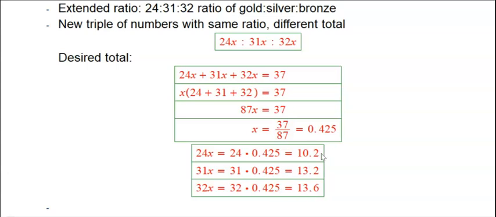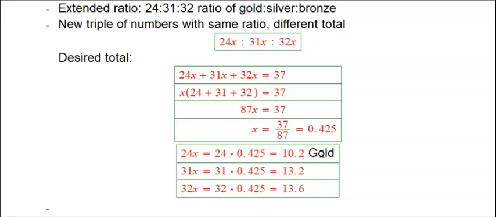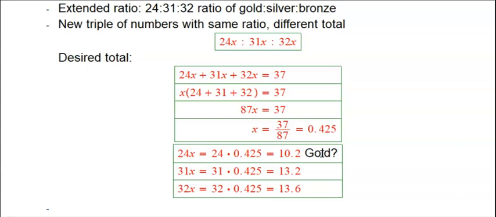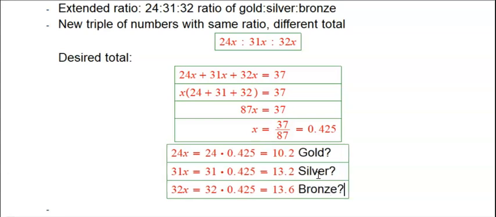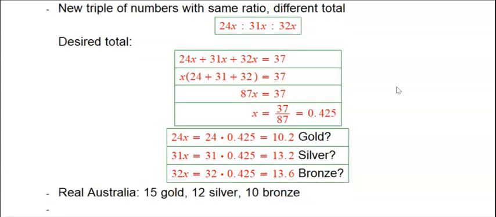So this is our prediction for gold, with a little question mark because this is a fictional prediction. This is what would happen if we took the mix of gold, silver, and bronze that the U.S. is getting and scaled it down to a country with the population size of Australia, and then we're going to compare. So that's what I'll do now. Pause. Okay, so it turns out I looked up the real Australia.